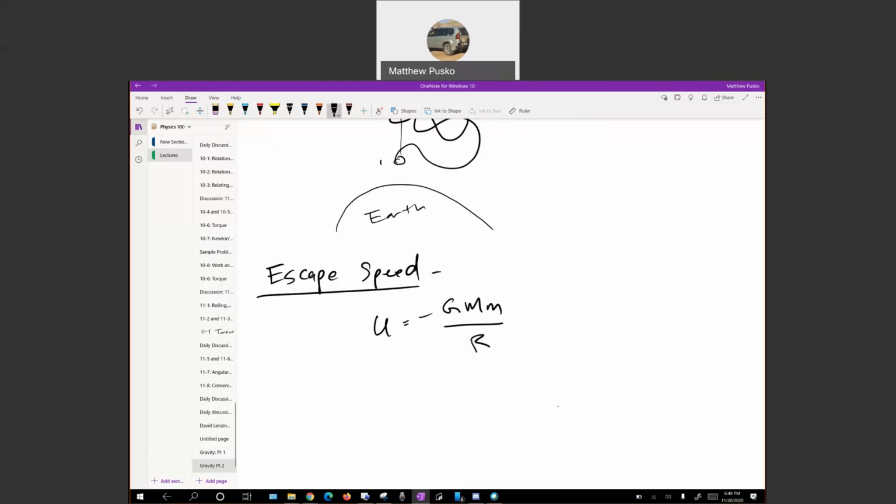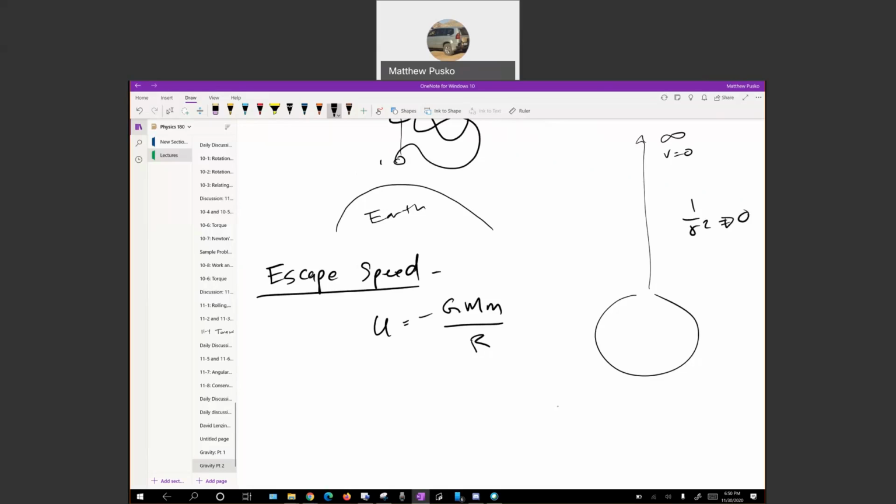And then you say, once the projectile reaches infinity, we'll say that it comes to a stop. The velocity is equal to 0. So it has no more kinetic energy. It has no more potential energy because its infinite separation distance brings the 1 over r to 0, right?